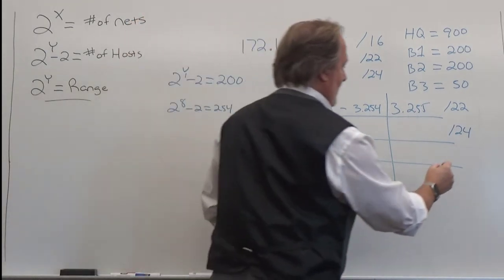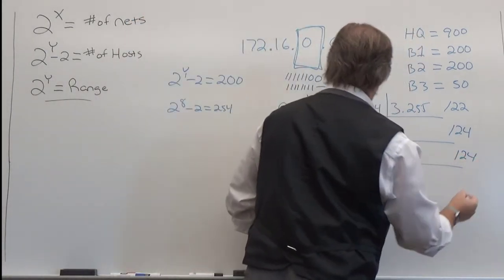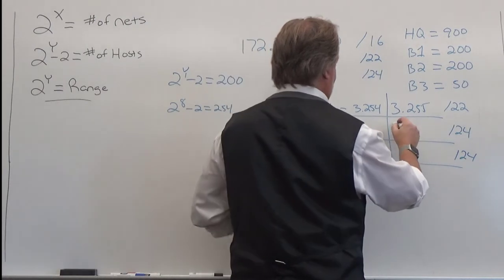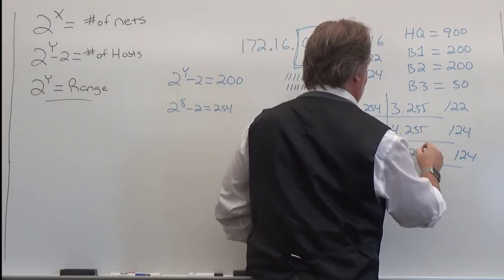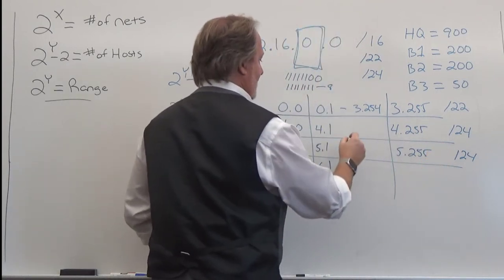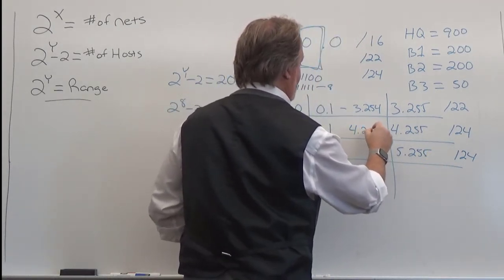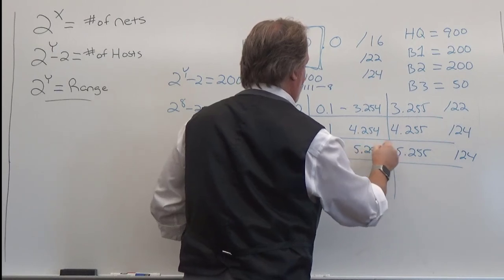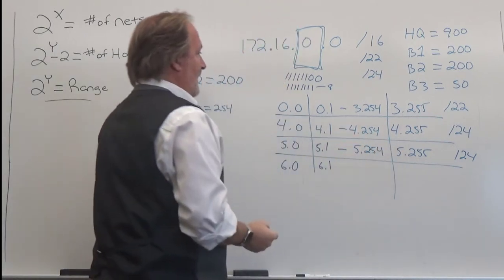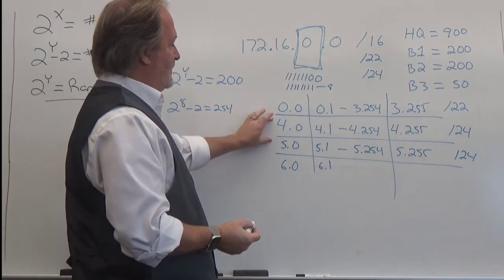So that solved those two pretty easily. And so this becomes 4.255, this becomes 5.255, and then 4.254 and 5.254. So there's our headquarters and our 2 branch offices.